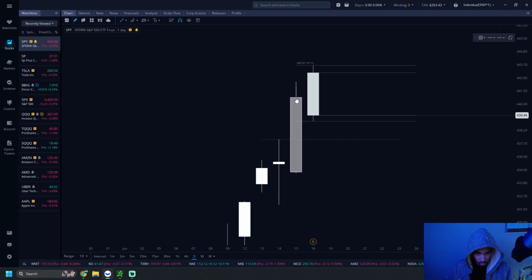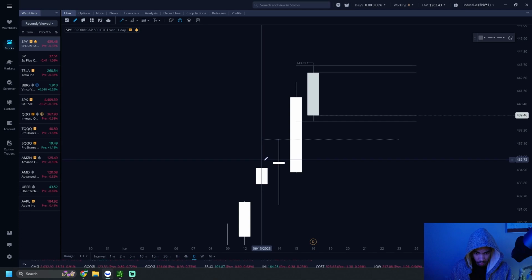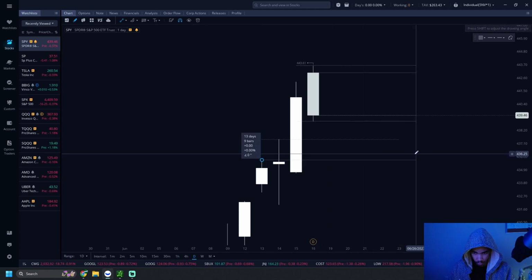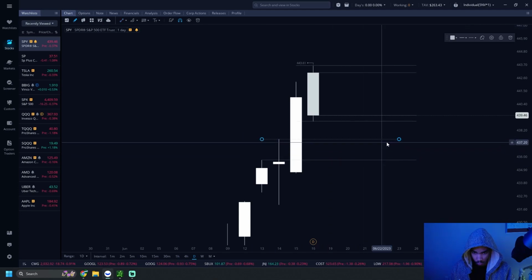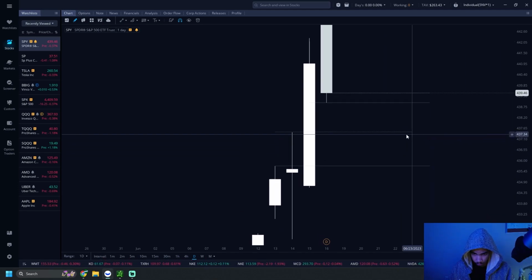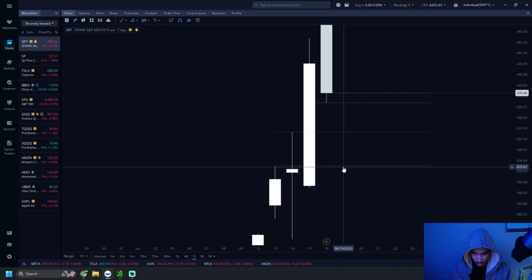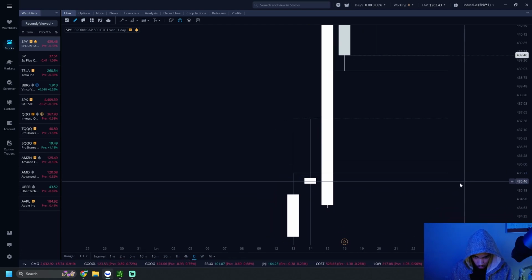I can mark this, honestly, but I don't want to, and I'm not going to. Below this dotted line, we have top of this candle here, which we will mark. Extend that over one day. All right, make this a dotted line.